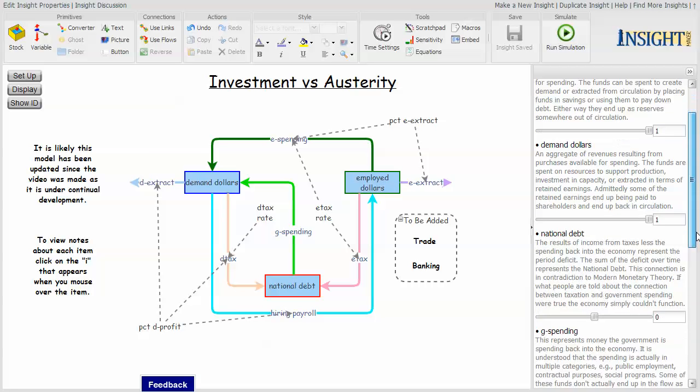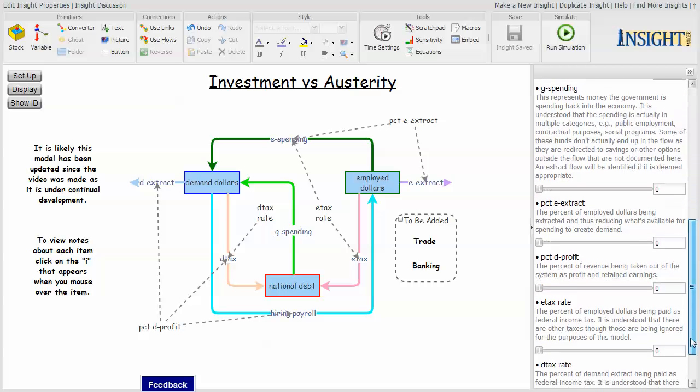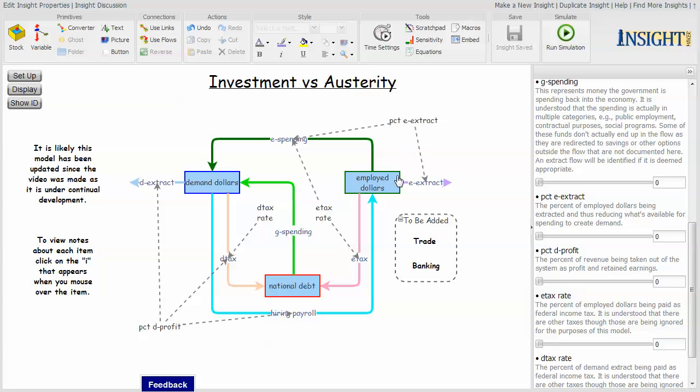So let me go down here and simply say that there's a 5% portion of these dollars which is extracted on an annual basis.